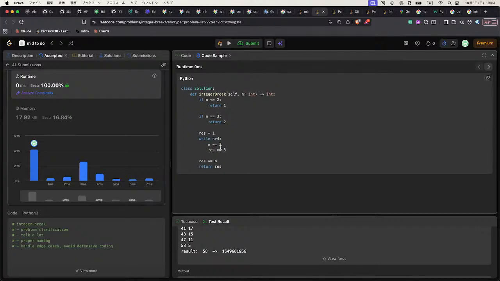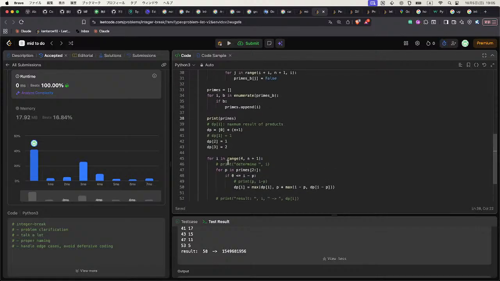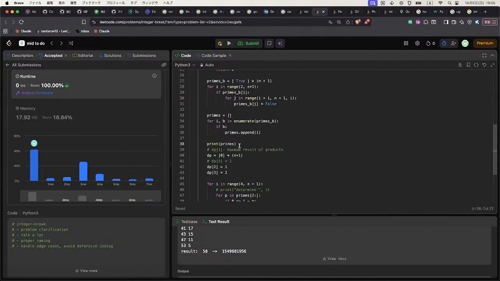But I cannot prove this mathematically, so my solution is good.